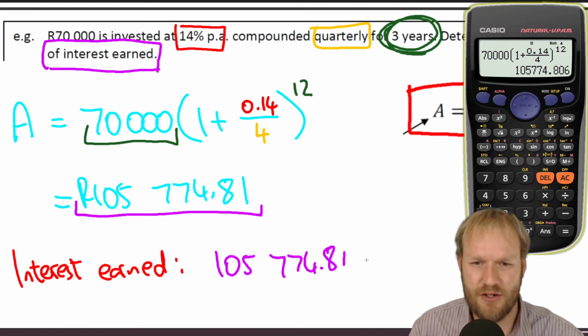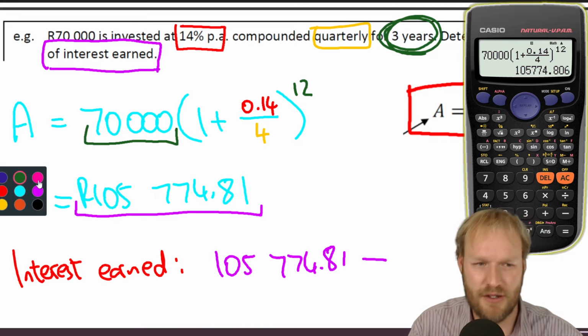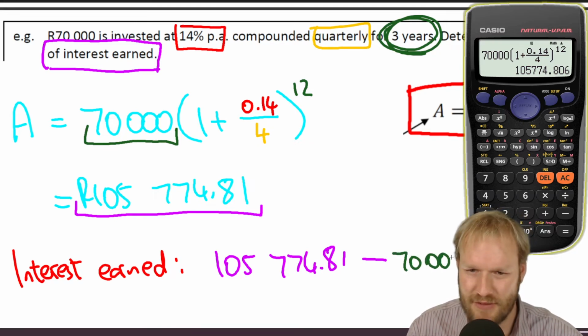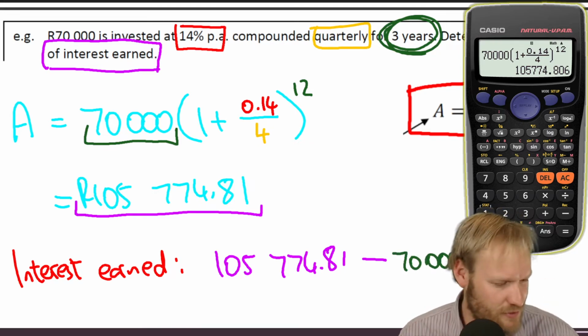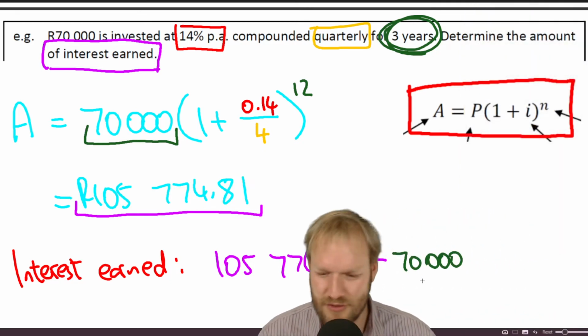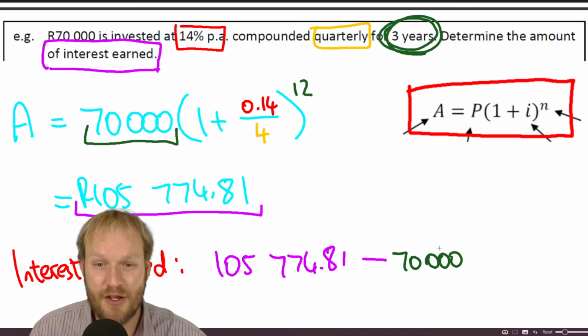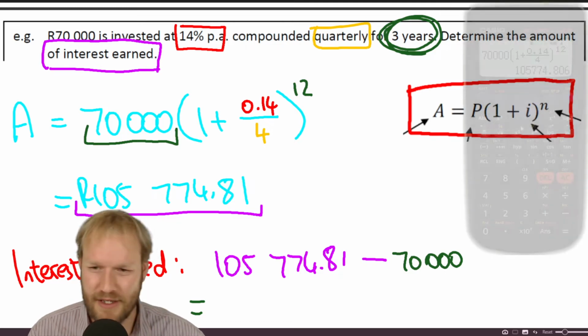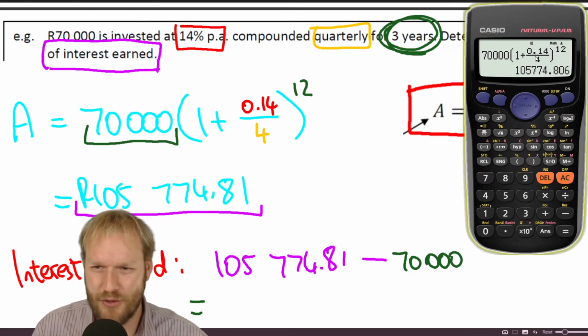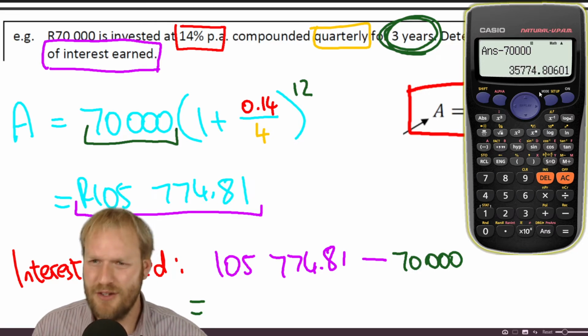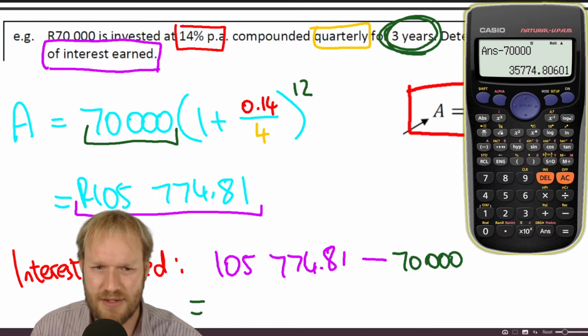105,774.81. And we need to subtract what we put in, and what we put in was 70,000 rand. Now, I've purposely, as I get my calculator up again, haven't cleared this, because I'm going to subtract 70,000 from there, just saving us time in the calculator.